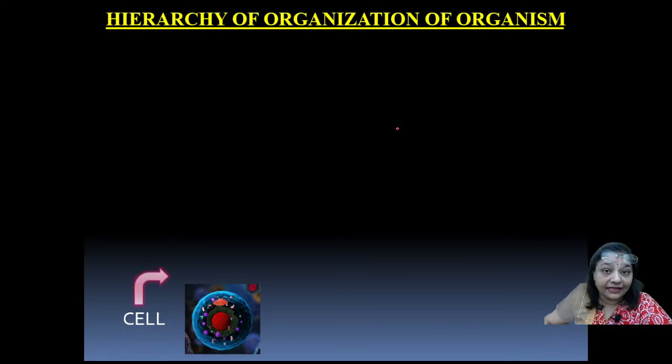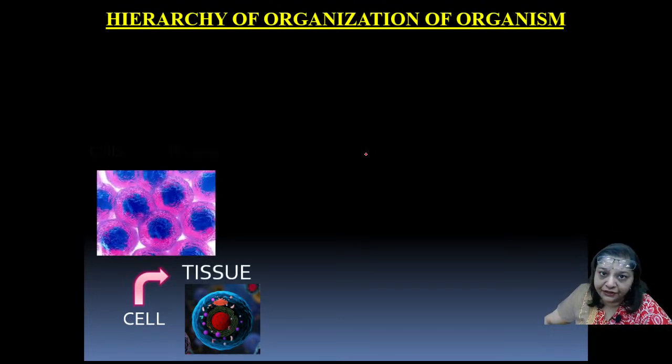Now, these cells are very important, as they are going to form the structure as well as function for the whole organism. But how are they going to do it? If cells are similar in structure and function and from the same origin, they come together and form a group of cells which we term as a tissue.